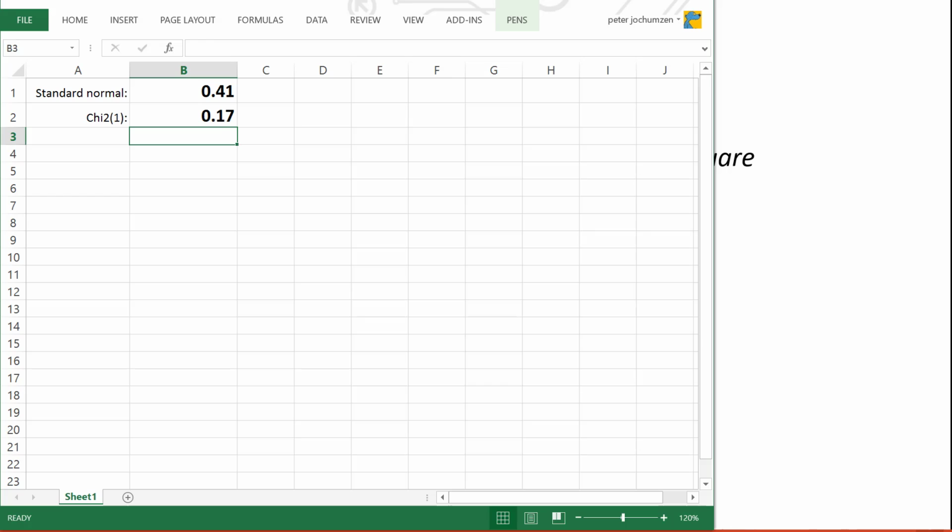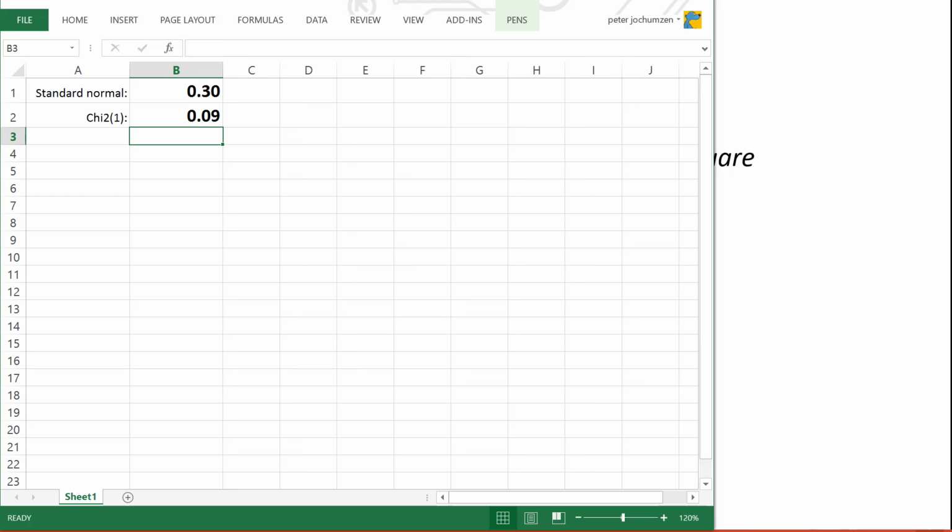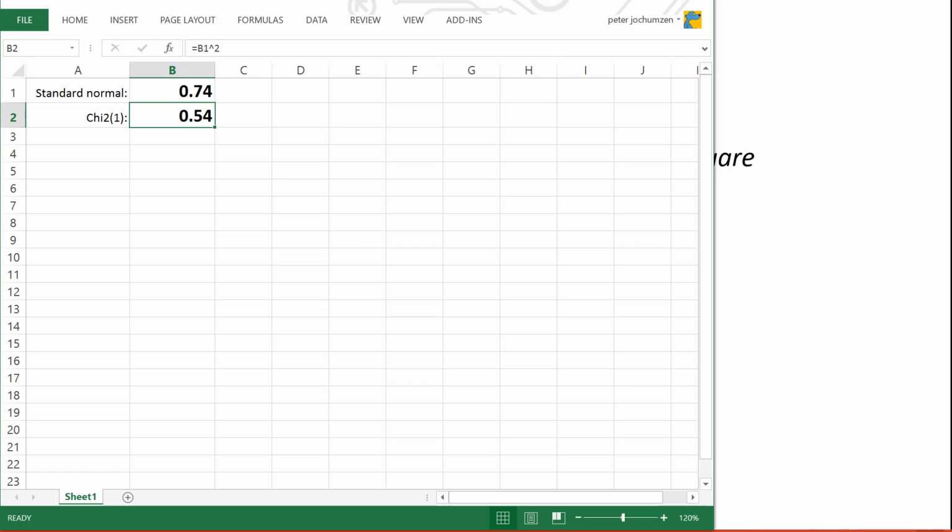So let's focus on this one now in B2 and have a look at that. We see that the random numbers from chi-square 1 degree of freedom must obviously be positive because we're taking the square of a number.